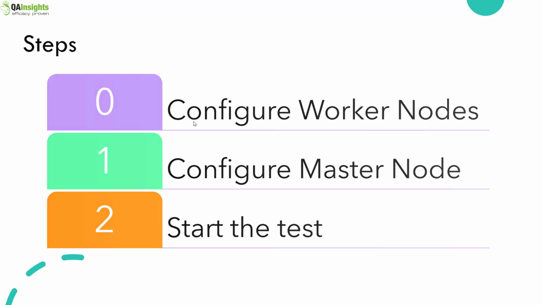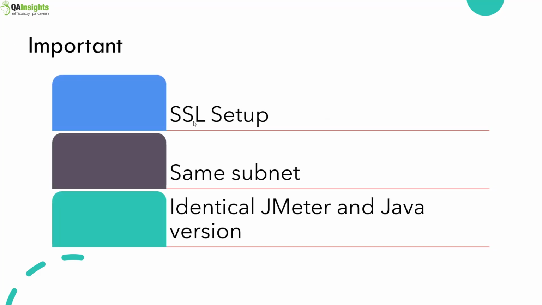When it comes to the setup, by default, the remote distributed pattern uses SSL. Basically secured communication should happen, but you can turn off this setup so that you can achieve remote distributed testing very easily. So first we are going to see how to do it without SSL, and once it is done, then we can see how you can leverage the SSL setup.